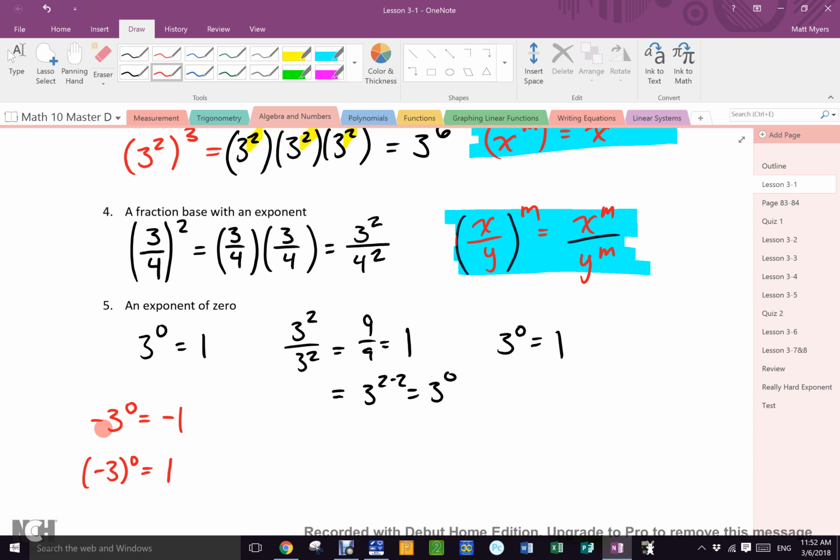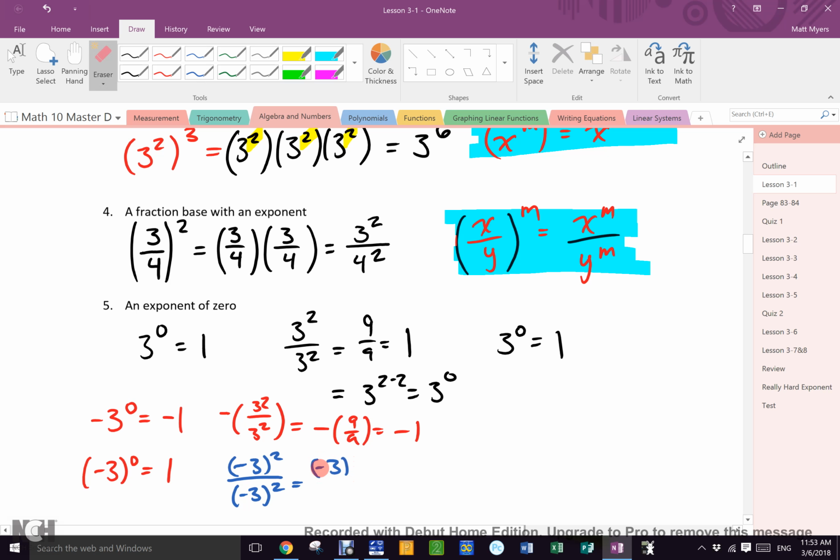The negative is not part of the base in the top one, and in the bottom one it is part of the base. So the top one would be negative 3 squared over 3 squared, which would be negative 9 over 9, which would be negative 1. The bottom one is negative 3 squared over negative 3 squared, which would be 9 over 9, which would be positive 1.